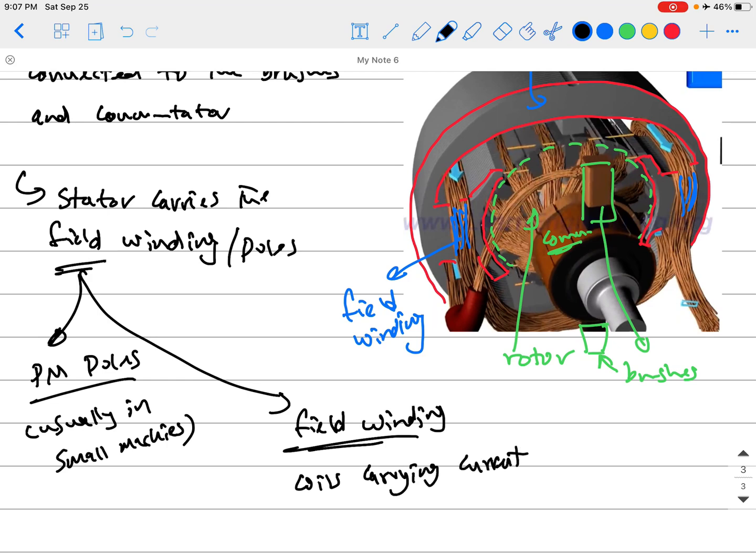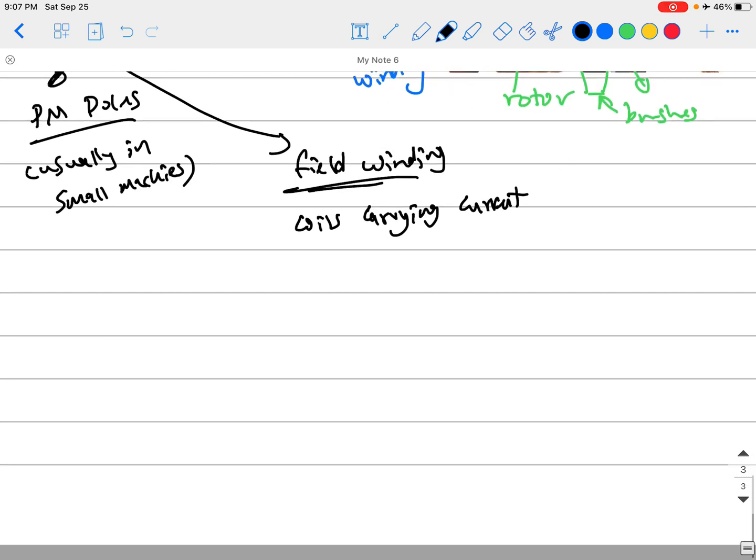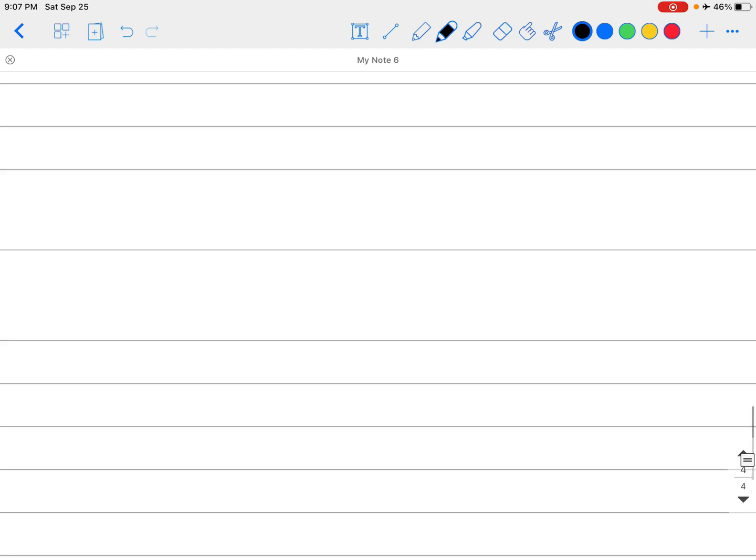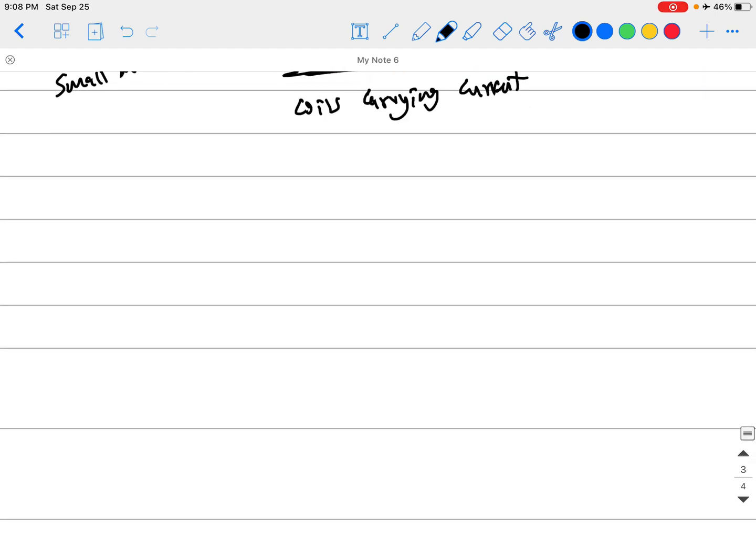Okay, so let me just draw this in a 2D fashion for you to be able to see it well. Remember those pieces we were talking about before, you have magnetic poles just like this, and you have the coils like this.